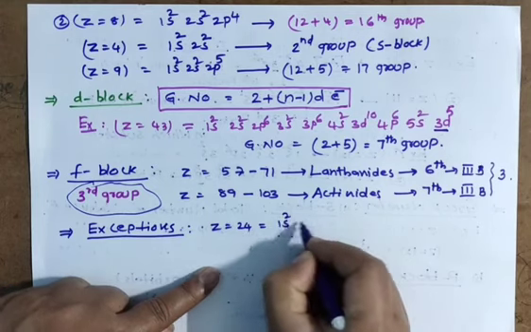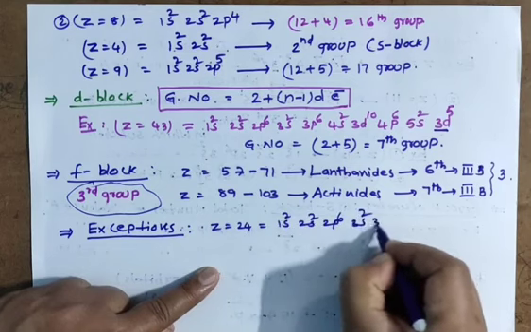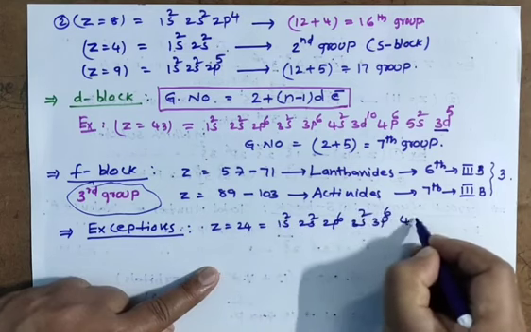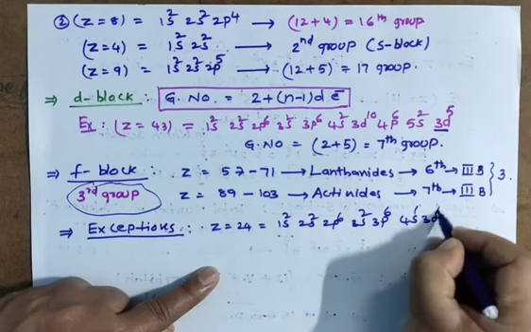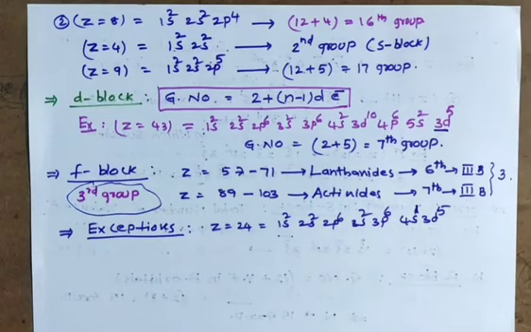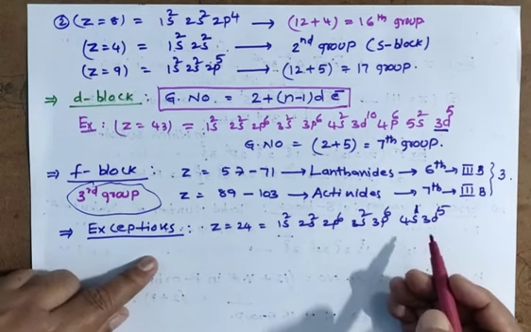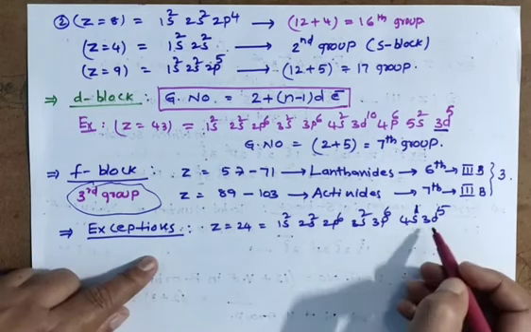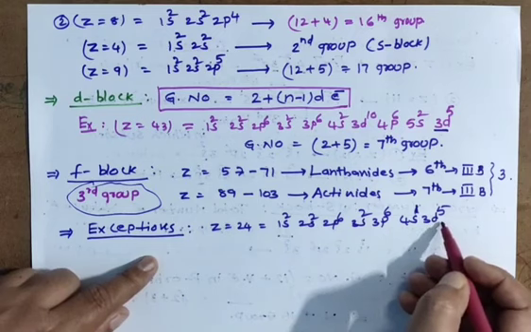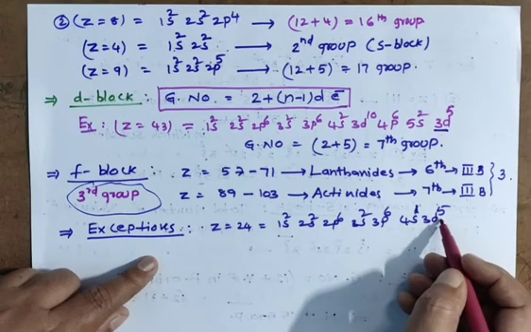So 1s2, 2s2, 2p6, 3s2, 3p6, 4s1, 3d5. Exceptional electronic configuration also, this we are writing. By looking into this, what are we predicting as group number? D electrons, we have 5, 2 plus 5, 7 you are getting. 7th group. But that is wrong.